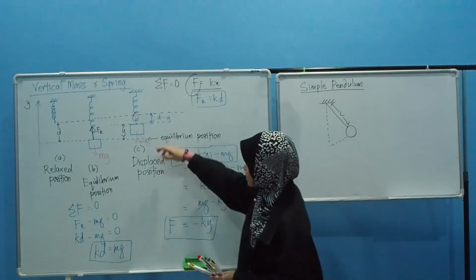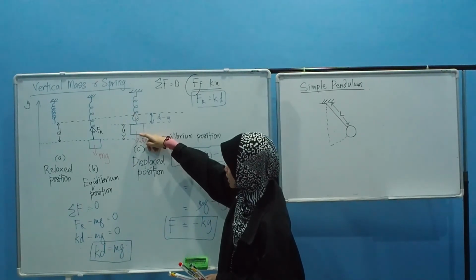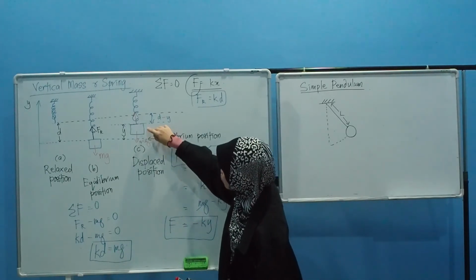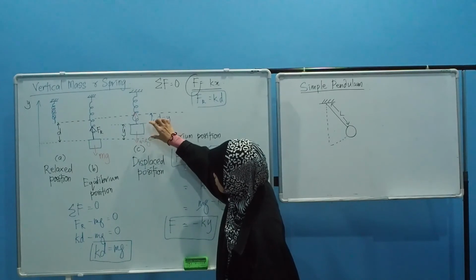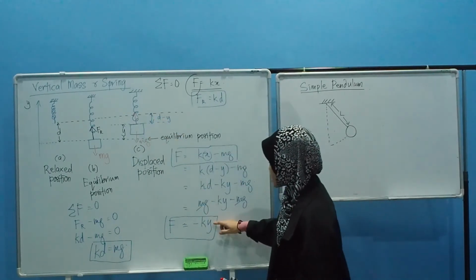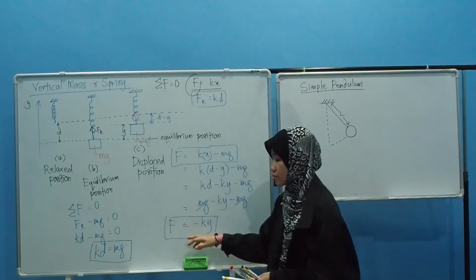Here it's easier for you to see that. If you want to find the restoring force here, you just take the displacement from the equilibrium position to the displaced position. From the equilibrium position to the displaced position, the displacement is y. So you can calculate by using this equation.